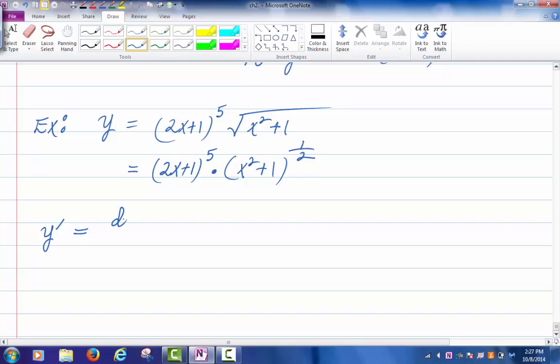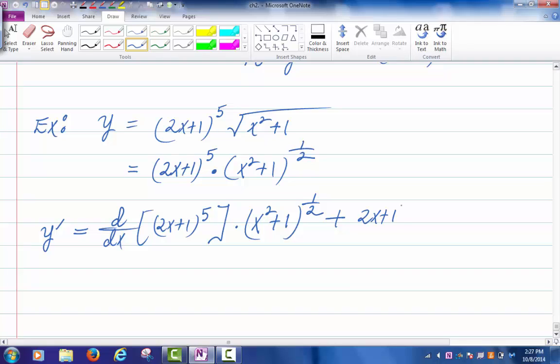I take the derivative of the first factor, (2x plus 1) to the 5, and then multiply that by what? By the second factor as it is, right? And then plus, I do the opposite now. I have the first factor as it is, and then I multiply by the derivative of the second factor.